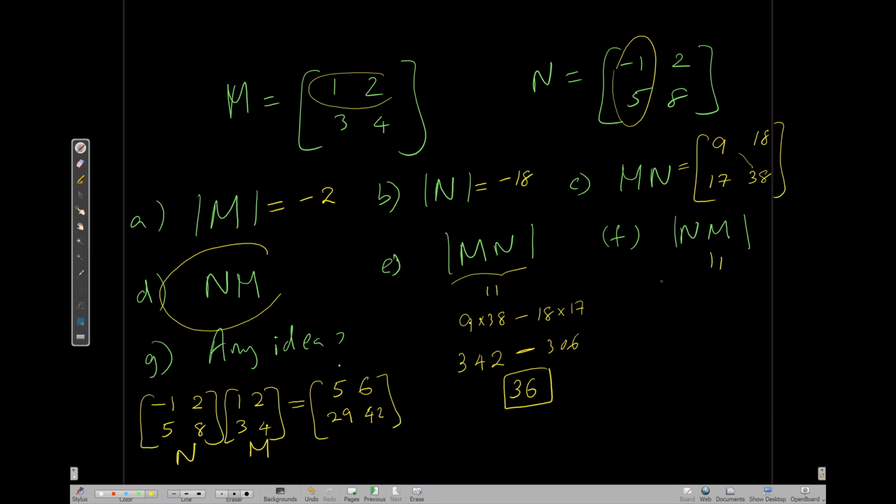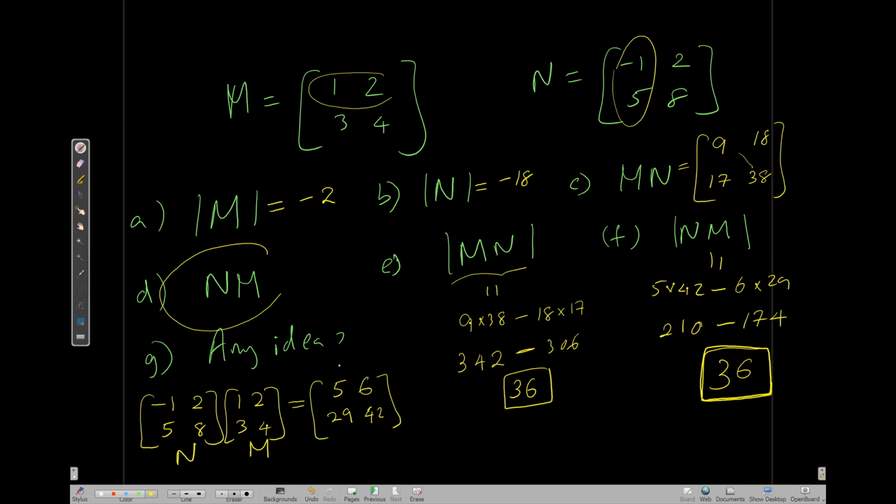So 5 into 42 minus 6 into 29. 5 into 42 is 210, and 6 into 29 is 174. So 210 minus 174, so 36. Is this a coincidence?